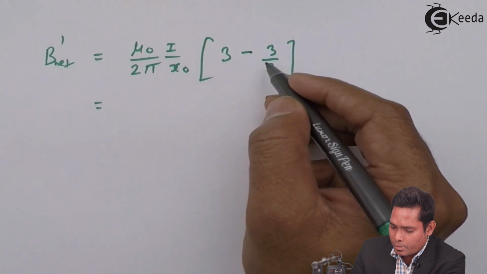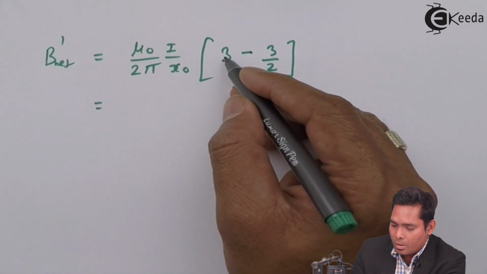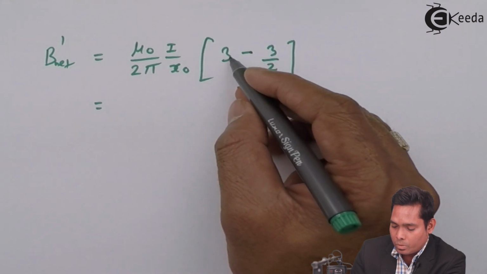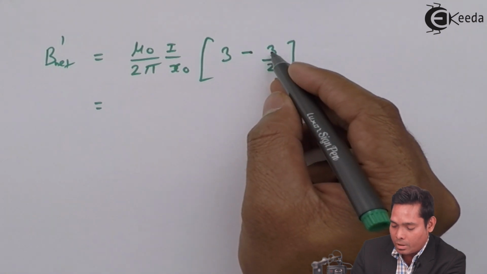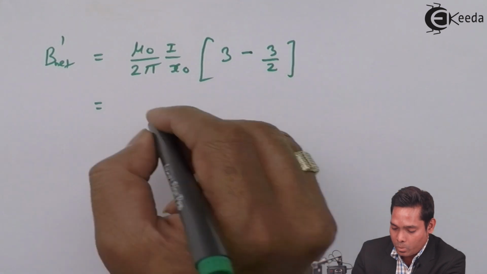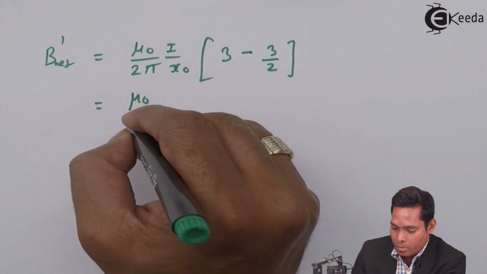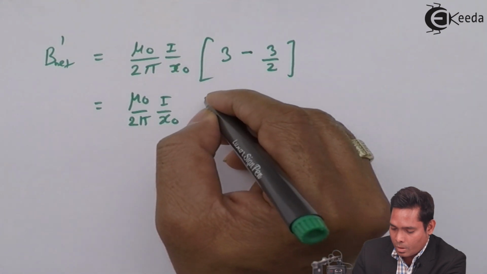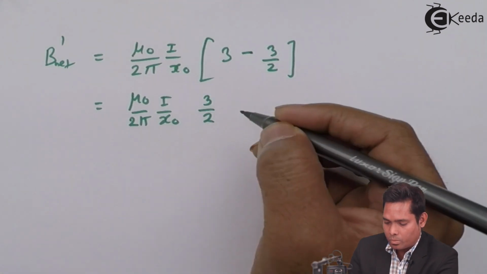This comes out to be 3 by 2, 6 minus 3, that is 3 by 2. So it is mu naught upon 2 pi, I by x naught, times 3 by 2.